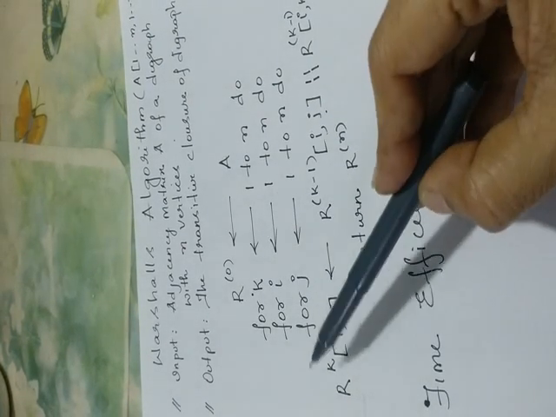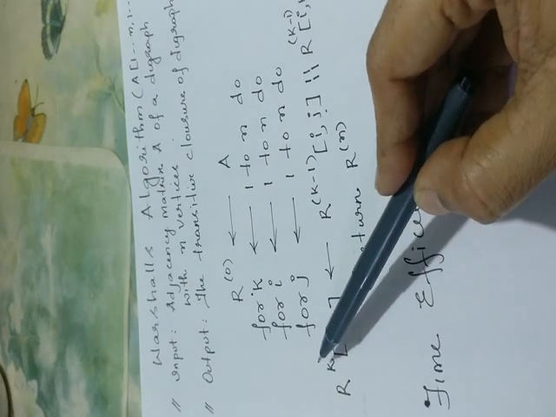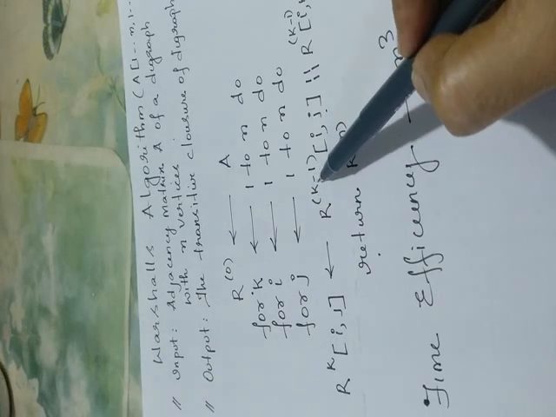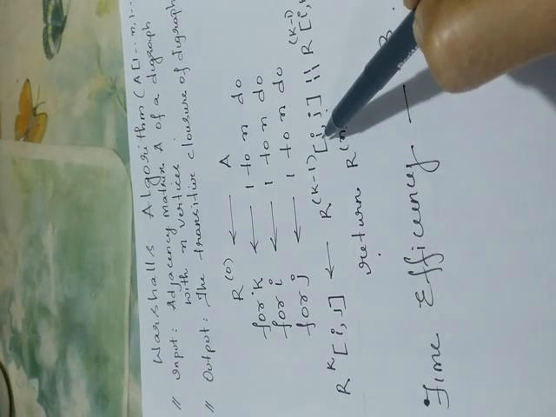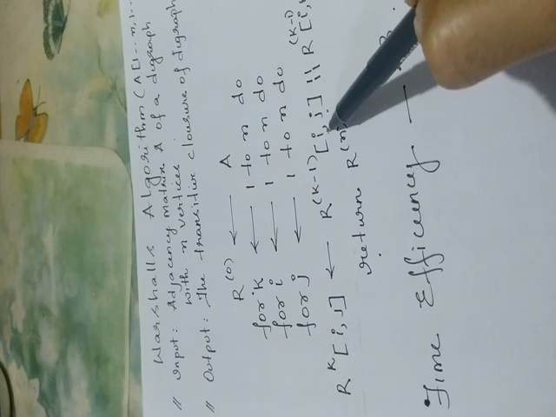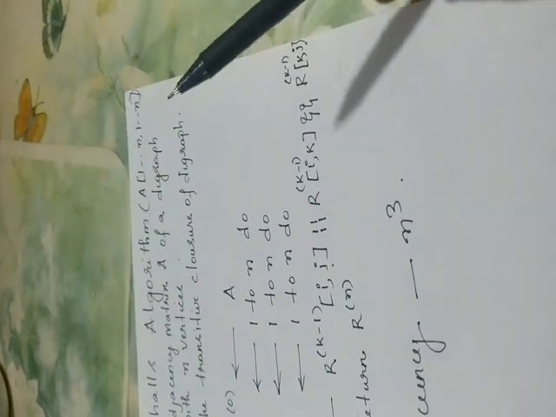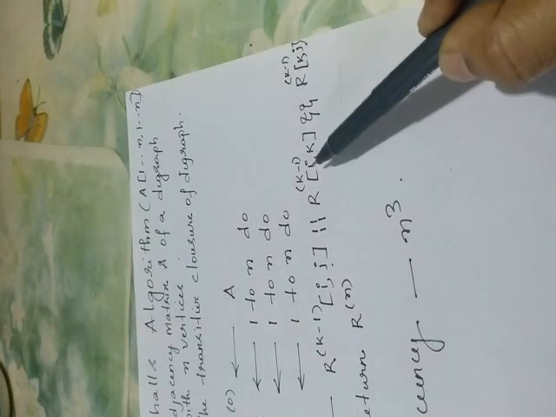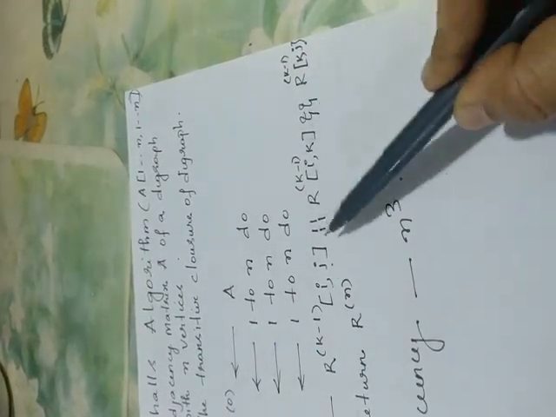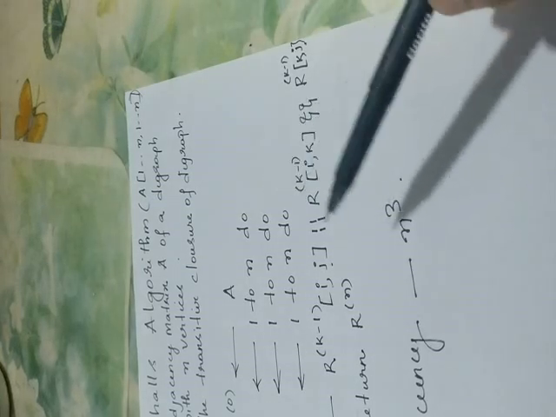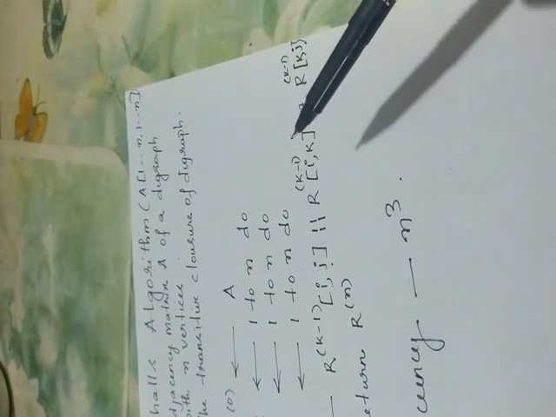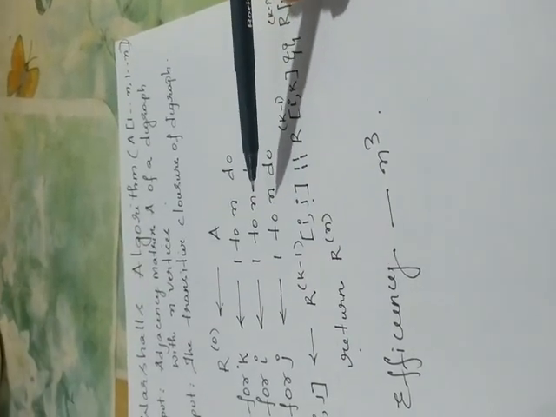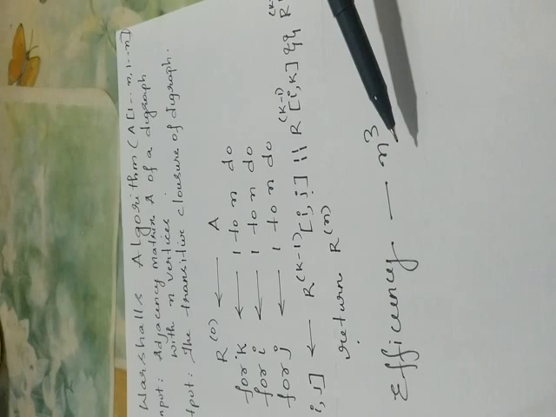If k is 1, then I will be taking the adjacency matrix as input here, so k minus 1, that is 1 minus 1, will be 0. So either there should be a direct edge between i and j, or there should be an edge from i to k and k to j. Either of the two should exist to update the value from 0 to 1. Since it is represented within 3 for loops, the time efficiency will be n cubed.